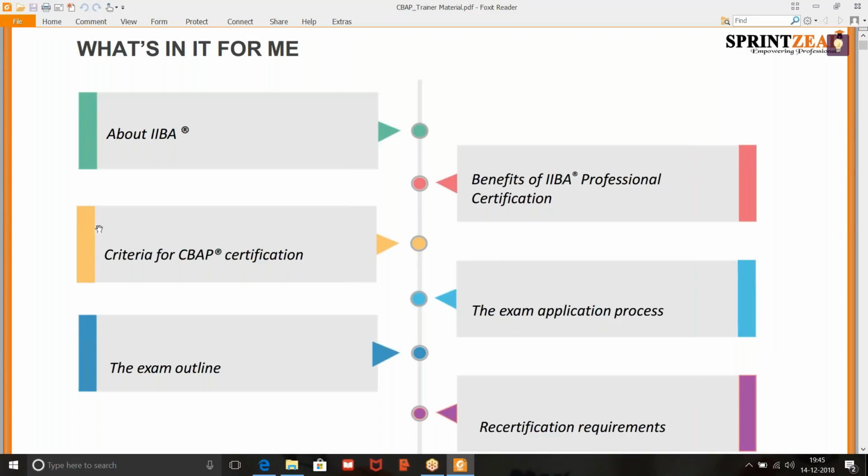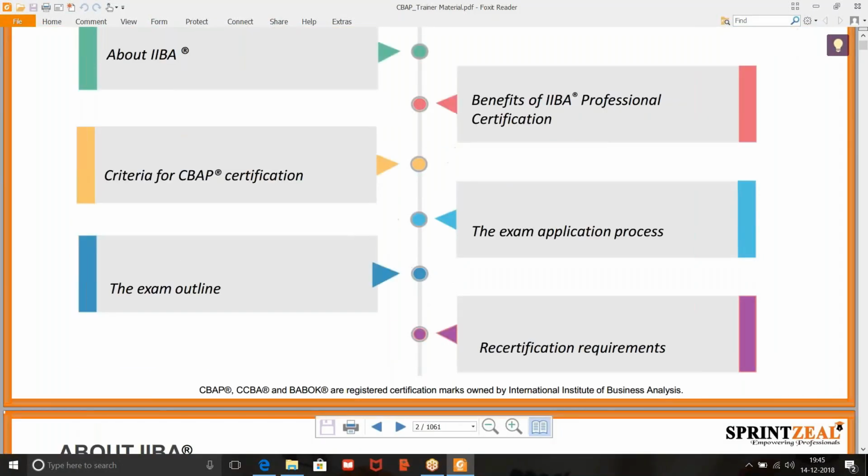The exam outline, we are going to cover that. And then recertification requirements. Recertification is all about getting a certificate renewed. So I can share with you how you can get it renewed. Again, there are various areas wherein you have to earn development units so that you can get your certification renewed. It needs to be renewed every 3 years. So that's how it is.